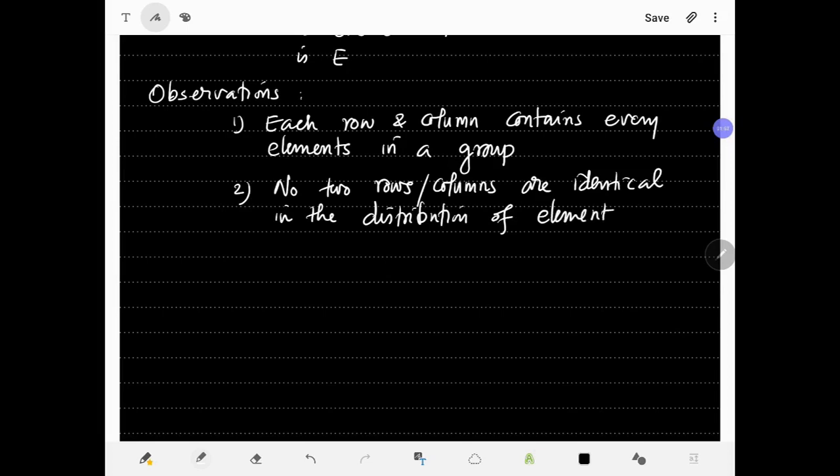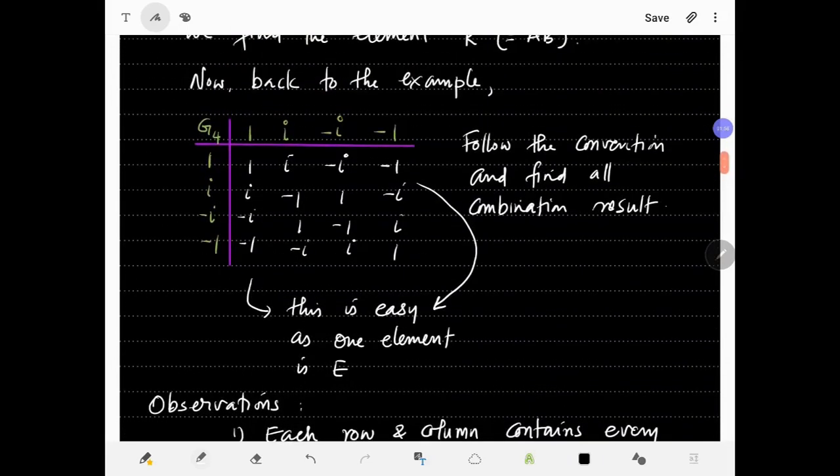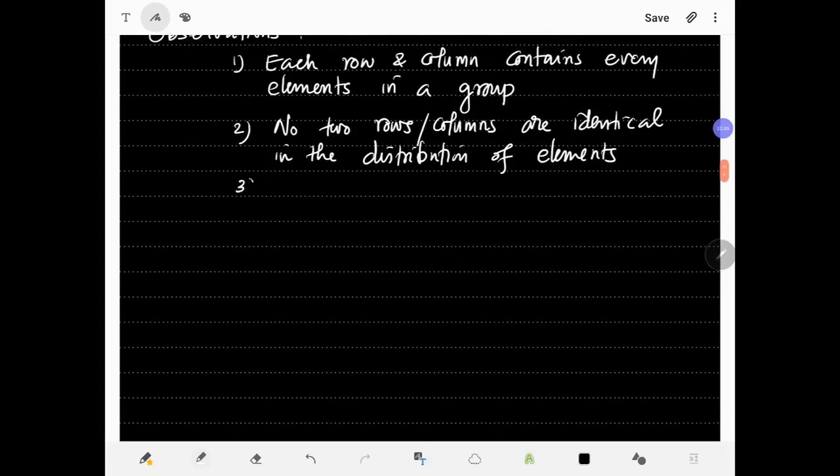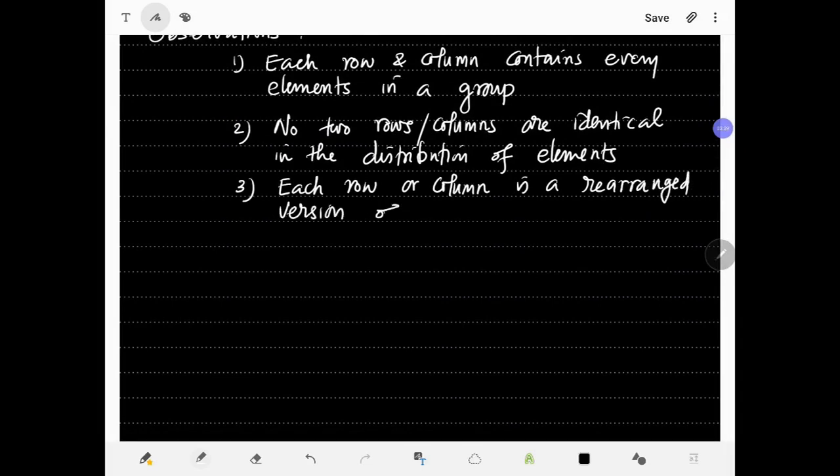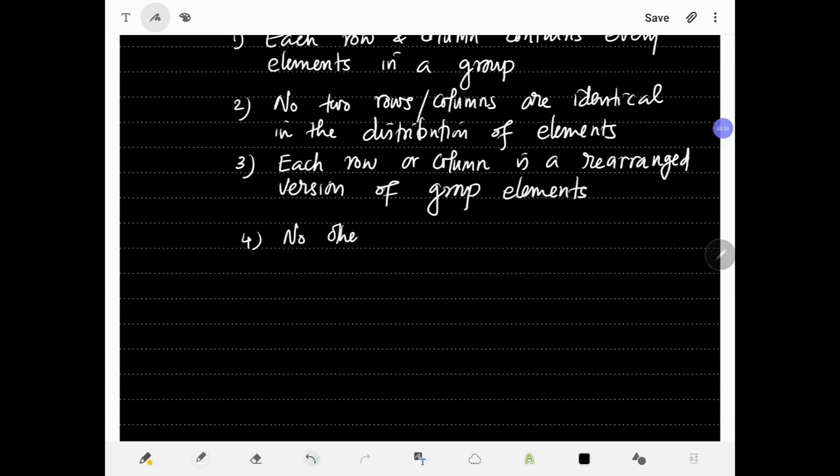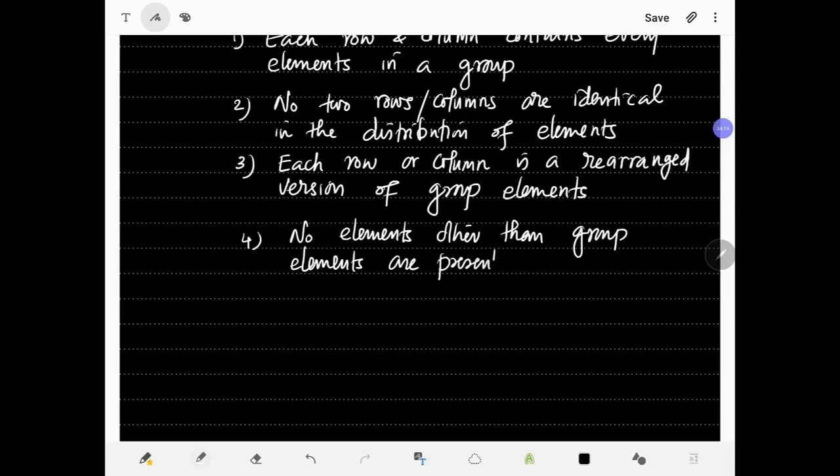That is, if you watch elements along a row or along a column, you see that no two columns or rows are identical. The third observation is that each row or column is a rearranged version of the group elements. And the fourth observation is that no elements other than the group elements are present in any row or column.